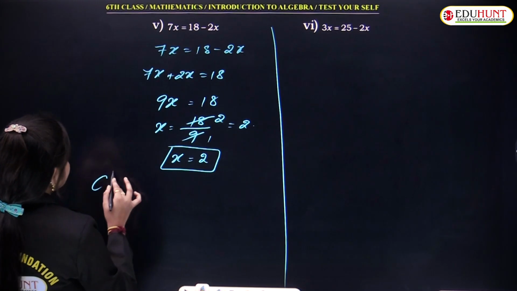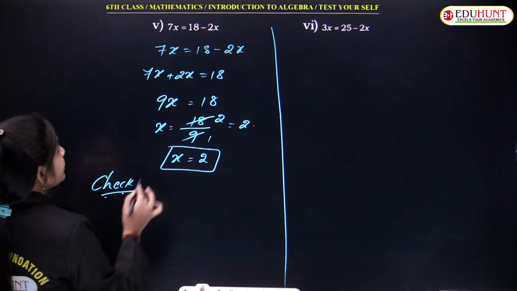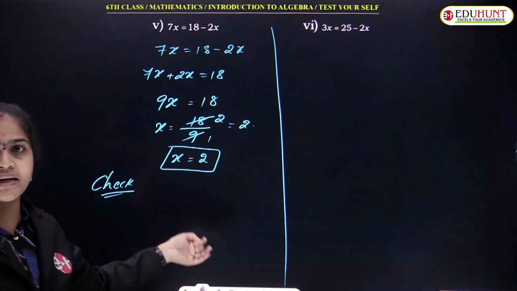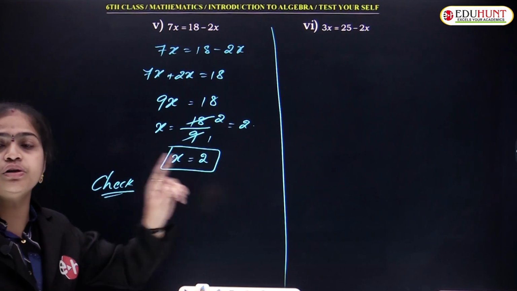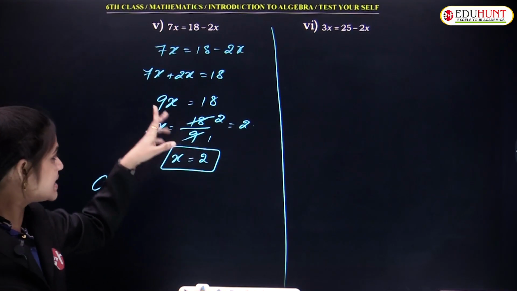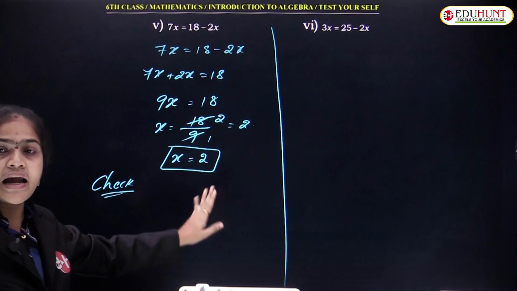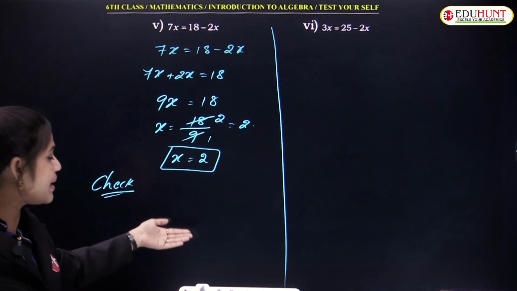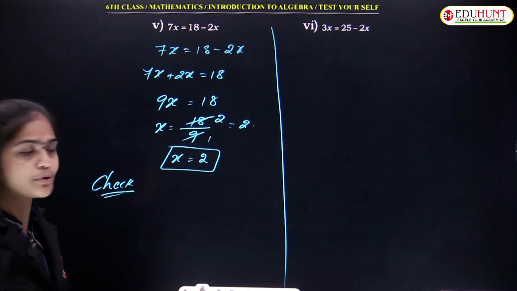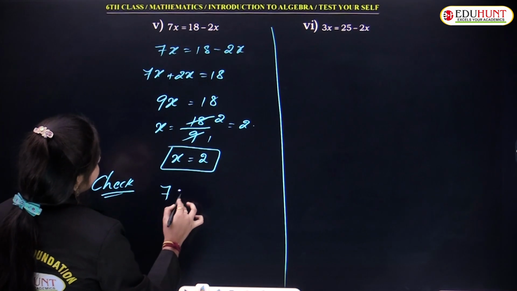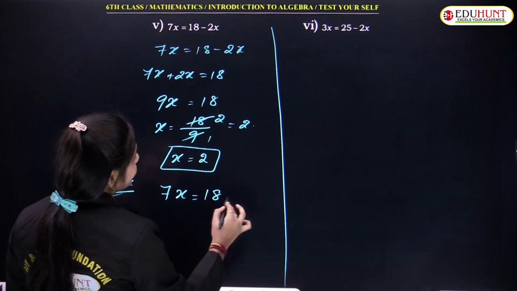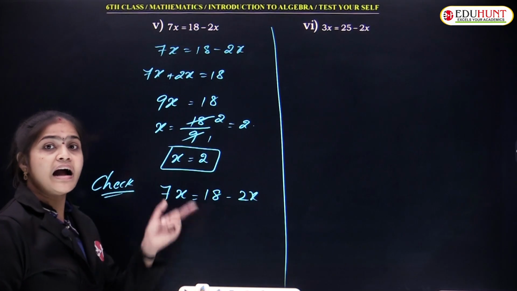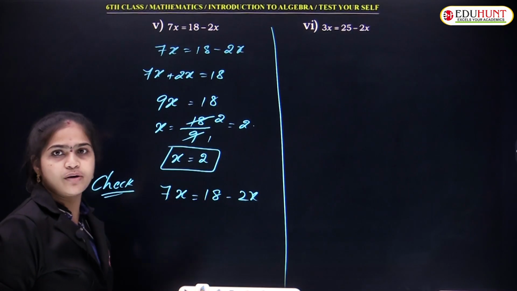Yes, the checking process. In the checking process, whatever question they gave, you have to write it as it is. In the checking process, we should not do the transposing here. Just substitute the value. Just as the question is given, the same way we have to write it in the checking process. Which means here 7x is equal to 18 minus 2x, with the 2x on the RHS only. After that you have to check whether it is satisfying or not.